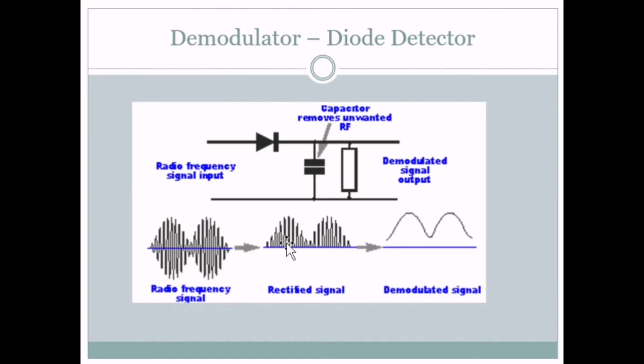It rectifies the signal, removing the negative side, and then the capacitor removes the unwanted RF, which is the carrier frequency. The signal that comes out of the circuit will only be the baseband signal, or the modulating signal, over here.